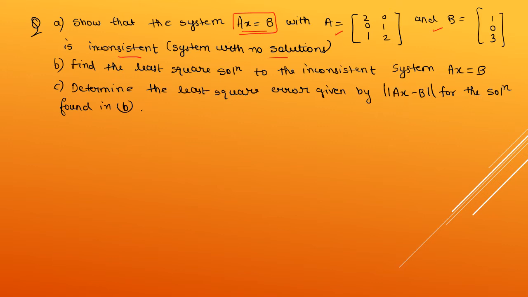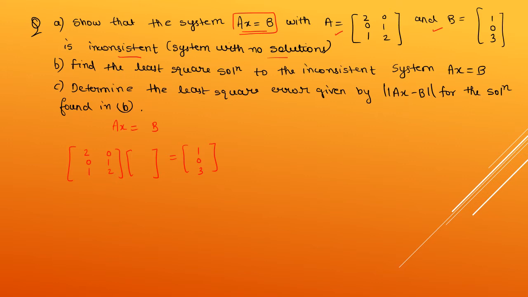If you are able to find x, then the system is consistent, and if not, then the system is inconsistent. So let's start. Ax is equal to B. A is 2, 0, 1, 0, 1, 2. x is what we have to find. B is 1, 0, 3.